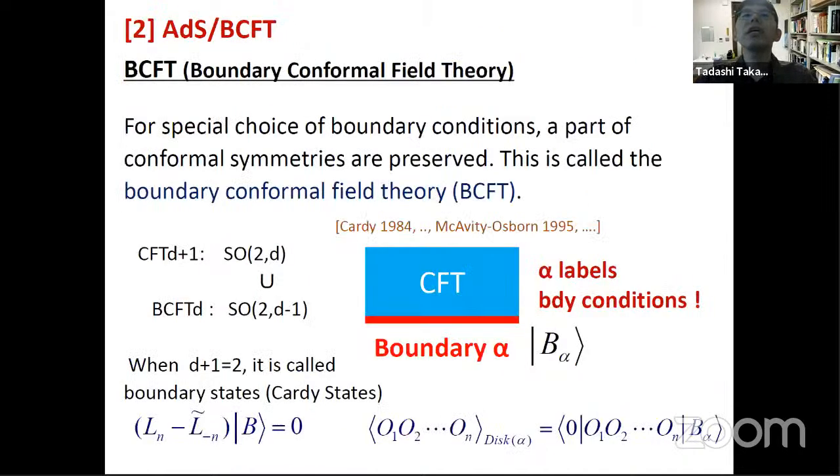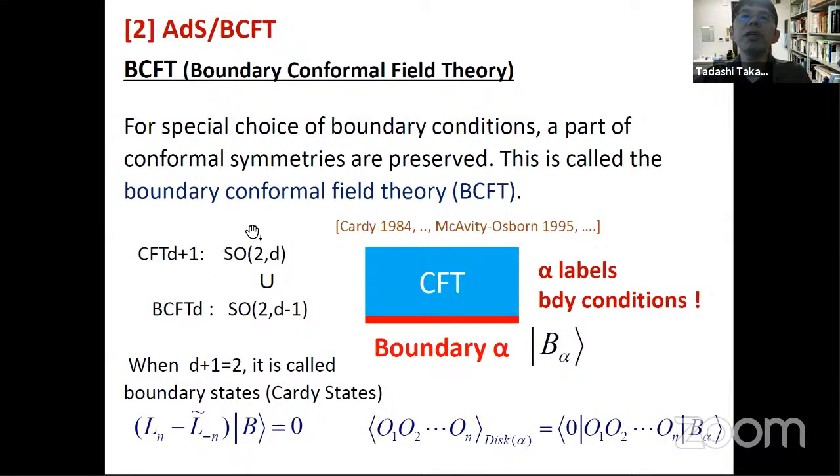Okay, so then we go to the next subregion duality, namely the AdS/BCFT correspondence. In this case, we talk about boundary conformal field theory, BCFT, which is defined as follows. For a special choice of boundary conditions, a part of the conformal symmetries is preserved. And this is called boundary conformal theory, BCFT.